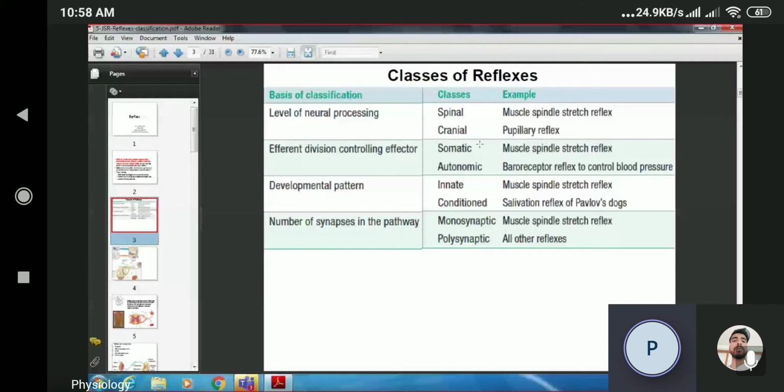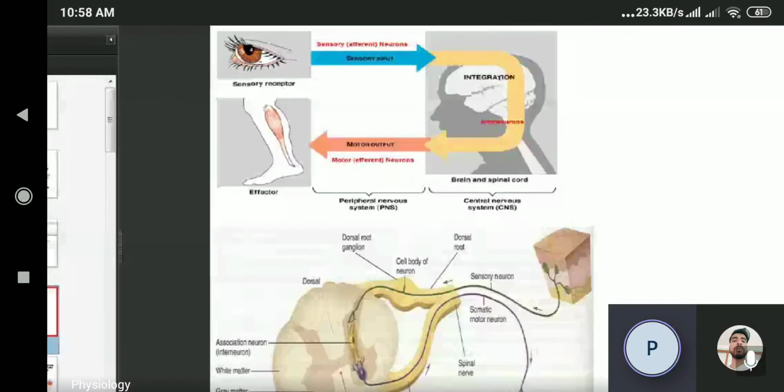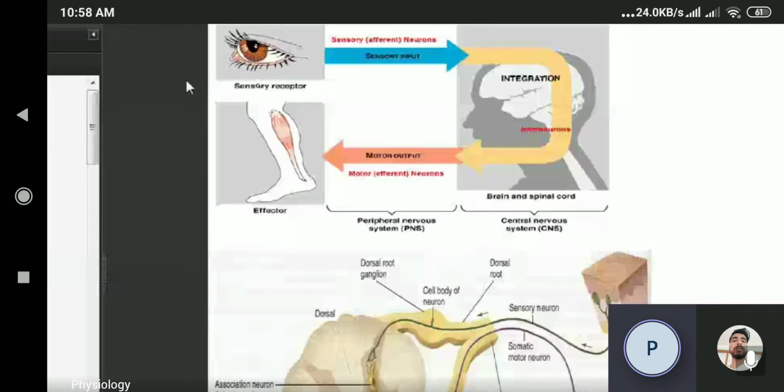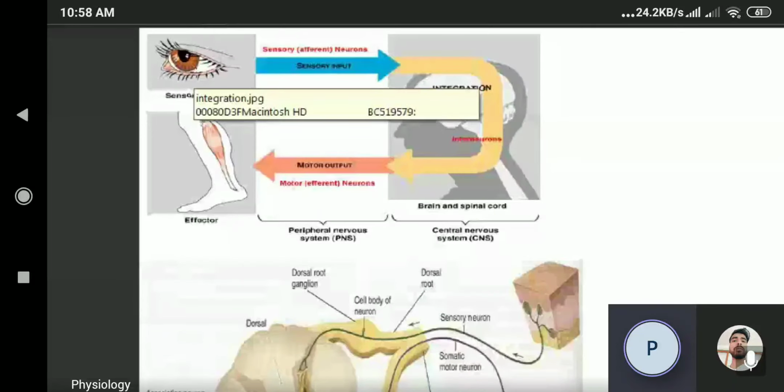Okay, let's see this picture. This is a reflex arc. Here we see that the eyes receive the stimulus through receptors. The receptors in the eye are rods and cones. They are able to see something with the help of these receptors.